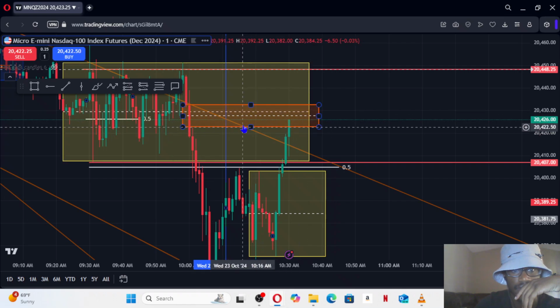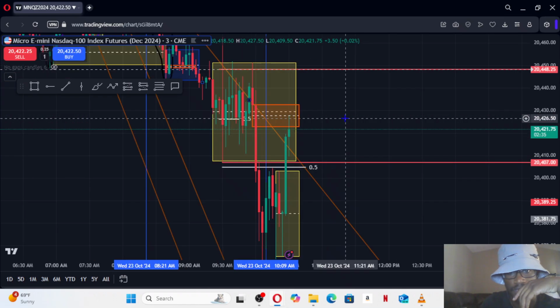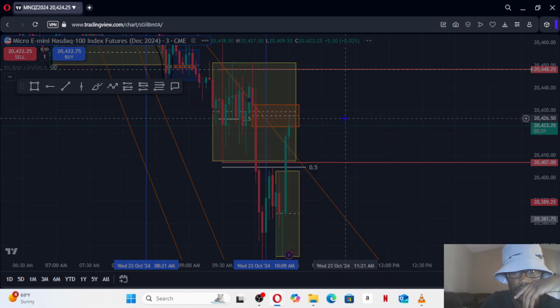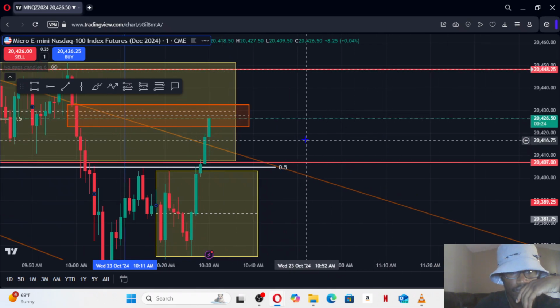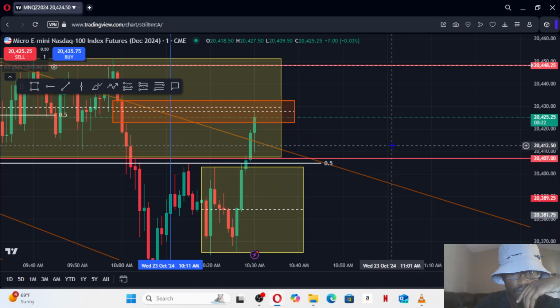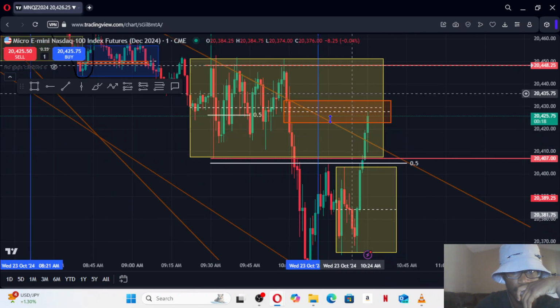And it's testing into one of the 3-minute imbalance. But we're getting a big push into it, so we gotta see how it closes. And what it does within here as well.